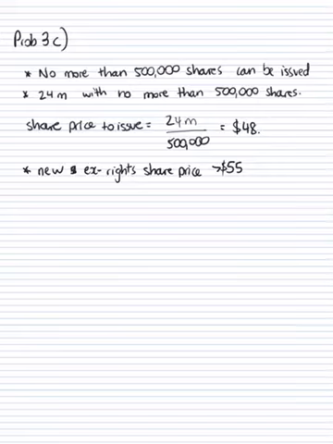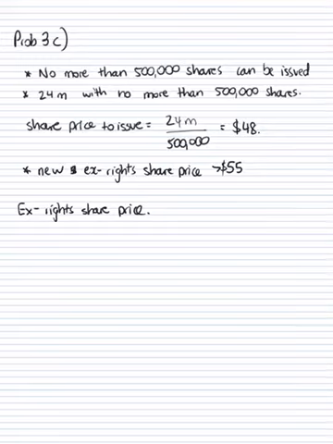So let's work out what the X rights share price will be under this scenario. Now this is just one scenario. Because you've been asked to design your own share issue, it doesn't really matter.